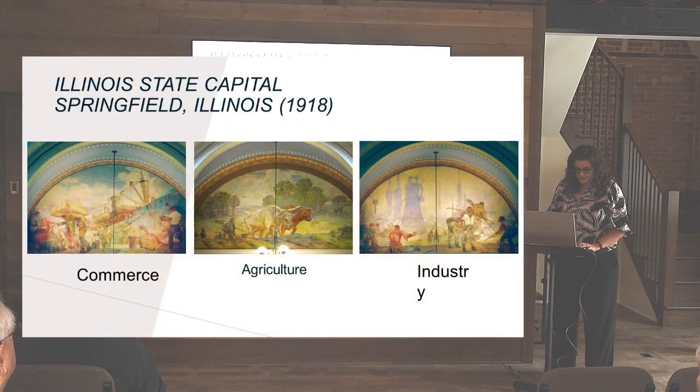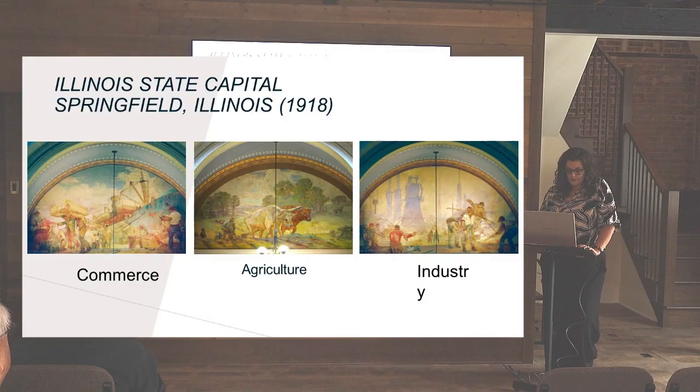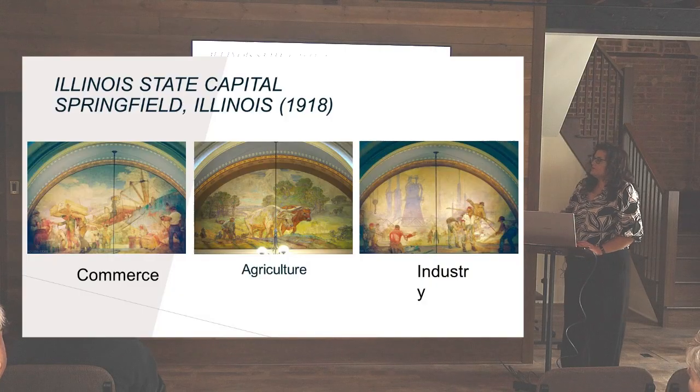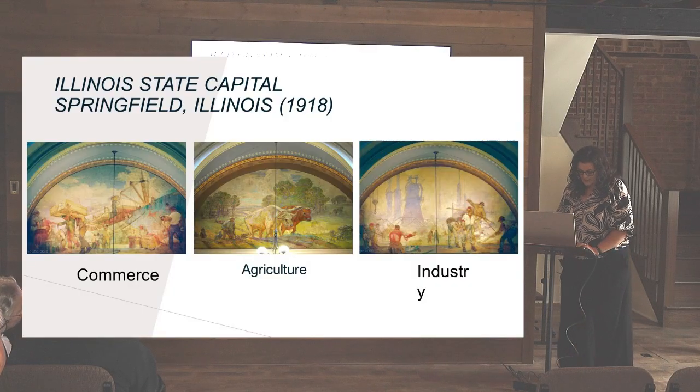So the following year, in 1918, he completed 3 large murals for the legislative balconies of the Illinois State House in Springfield, Illinois, as part of the state's centennial celebration, and these depict commerce, agriculture, and industry, symbolizing key aspects of regional development, and were installed to enhance the capitol's architectural grandeur, which I mentioned that he would often work with the space, and this is a great example of that.